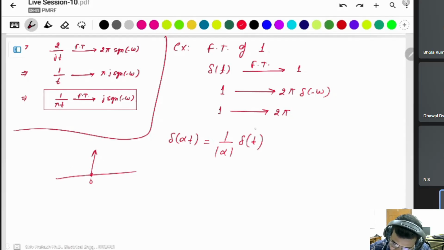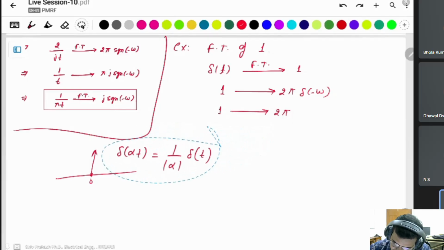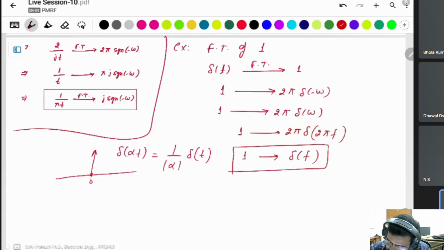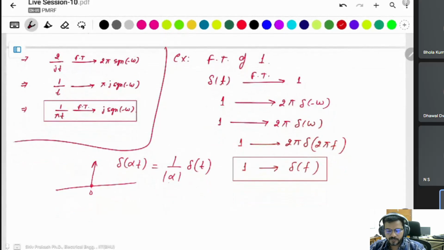Then 1/(2π) δ(ω), and the Fourier transform of this one will be 2π f. Here alpha goes to the denominator, and 2π will be cancelled out.